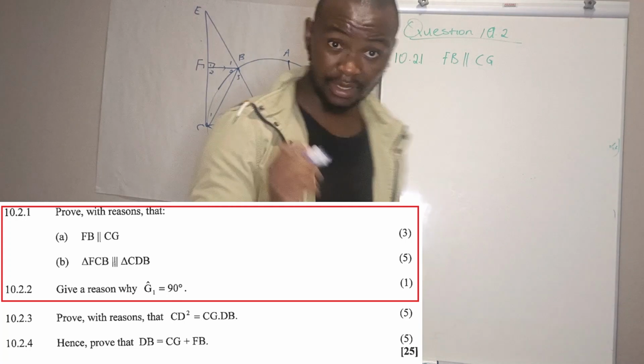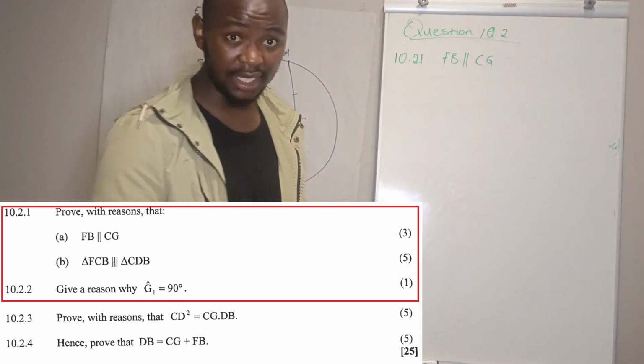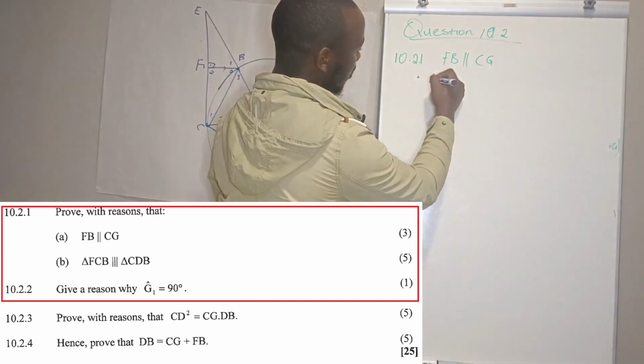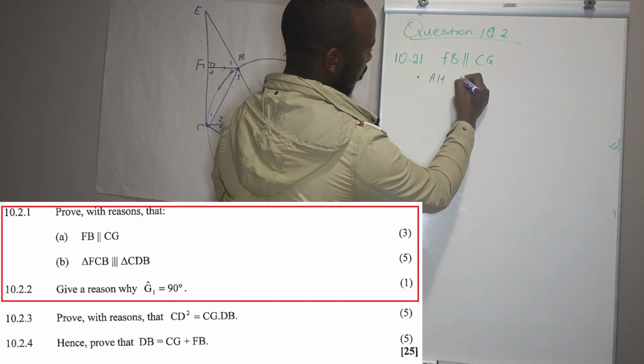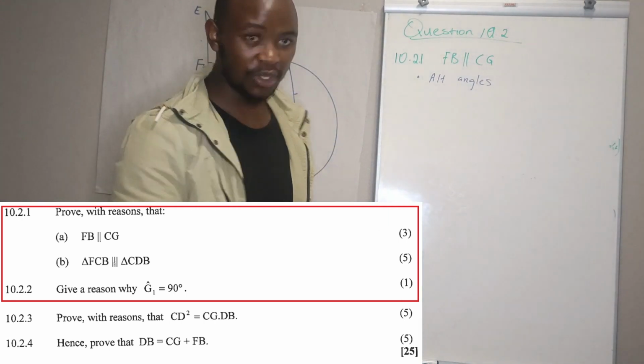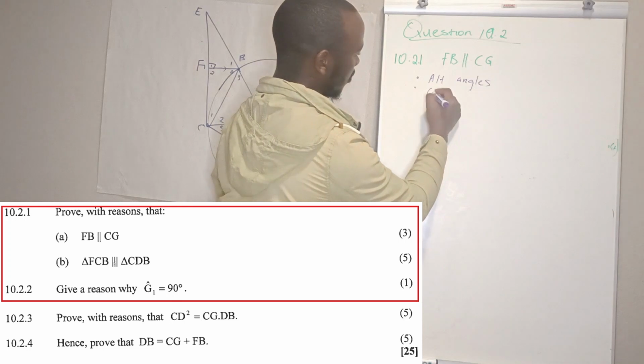So the first part of the solution is understanding that parallel lines give us alternate angles, and they also give us corresponding angles.